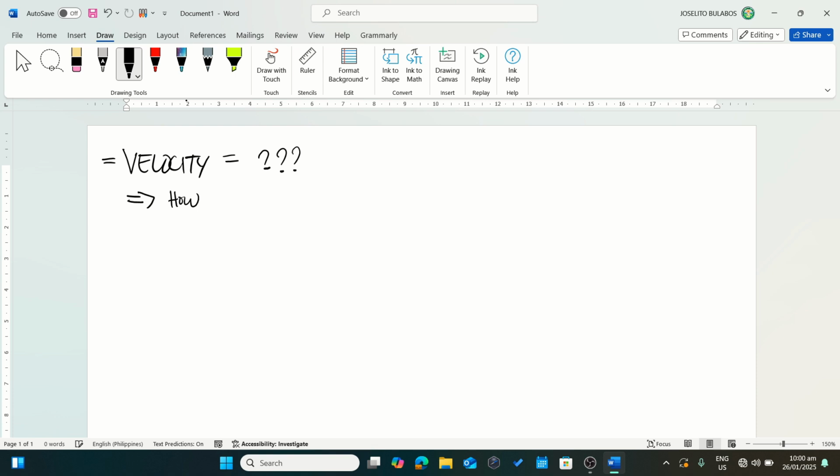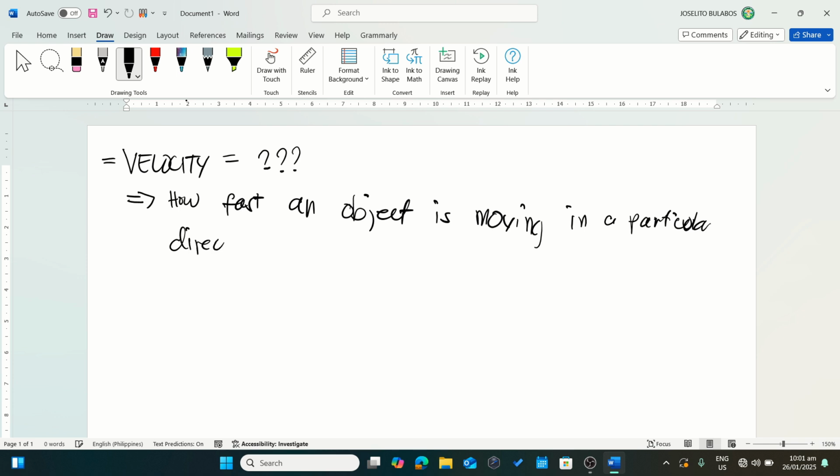But the difference between velocity and speed is that velocity is in a specific direction. So we would say how fast an object is moving in a particular direction.